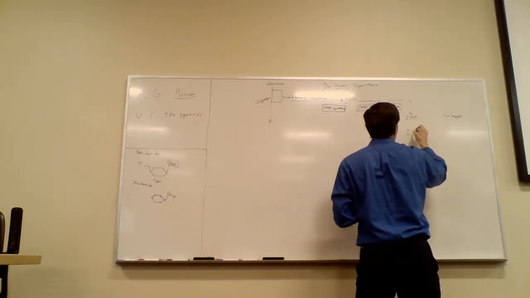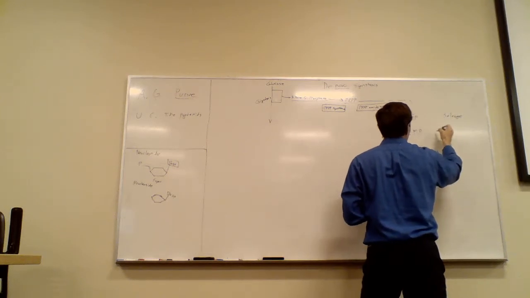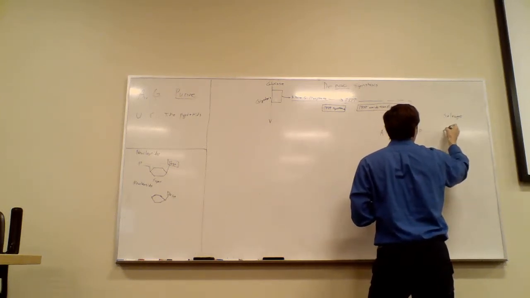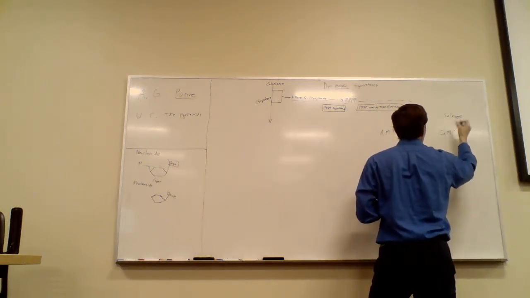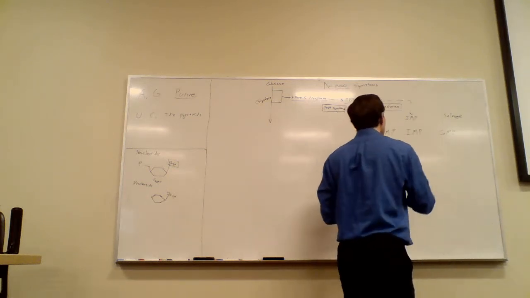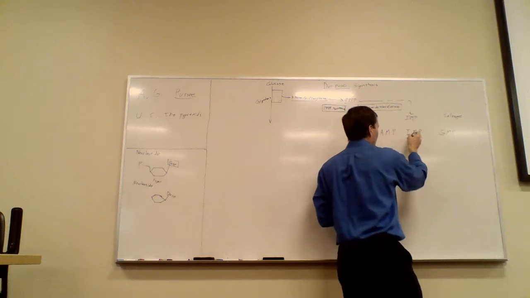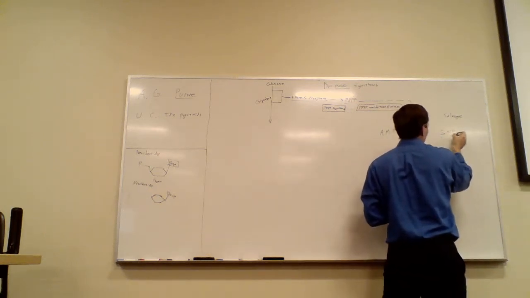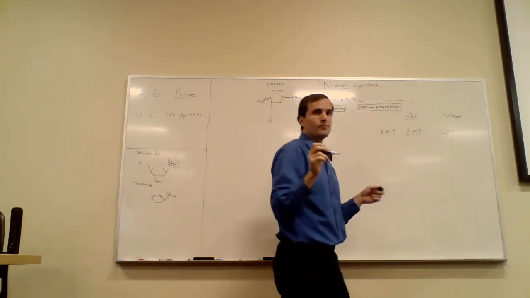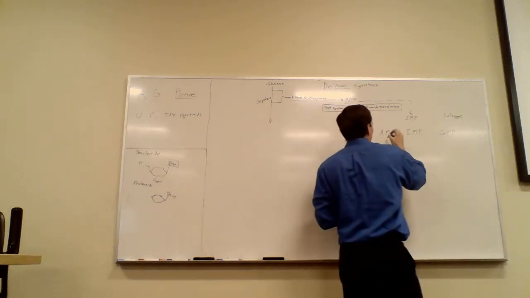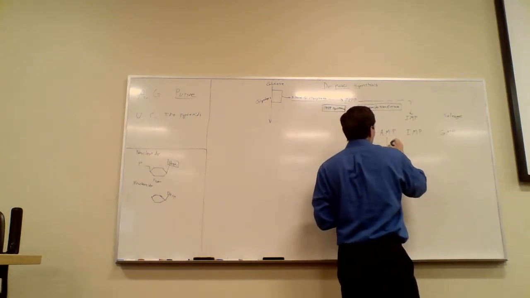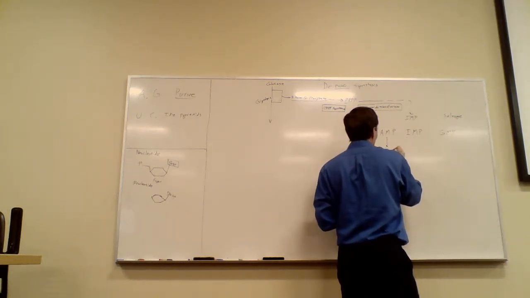AMP, IMP, GMP. So this is adenosine monophosphate, inosine monophosphate, guanosine monophosphate. Cool? Okay? And adenosine monophosphate can be broken down to just adenosine.